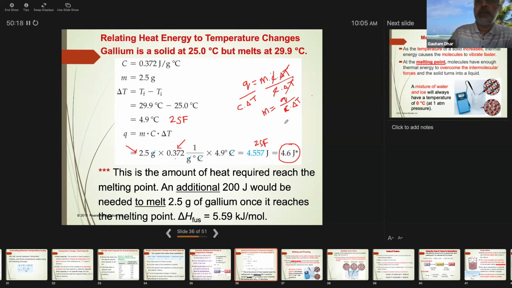So if there's any problem, you can go back and look at it when you write every step. Okay, so you can also find delta T. If I want to find delta T, then you do the same. You divide by the rest of the things. So any of these variables can be obtained given the others. Okay, but we'll practice some problems here.